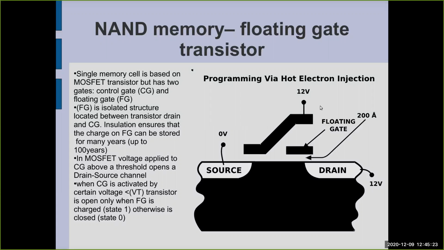Here we have a single cell which is able to store 0 or 1. This cell is built as a transistor. So how does a transistor work?